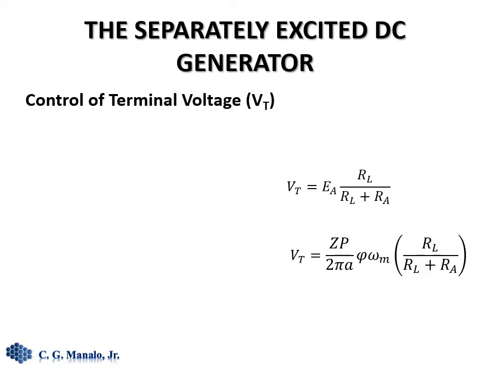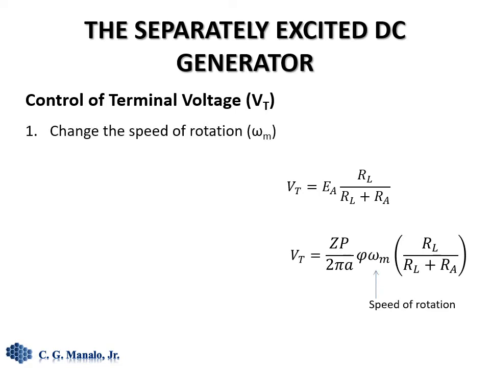Normally, in generators, we would want to be able to control the terminal voltage of the machine. So for a separately excited DC generator, what are the parameters that we can vary to control the terminal voltage? We could vary the speed of rotation of the prime mover.